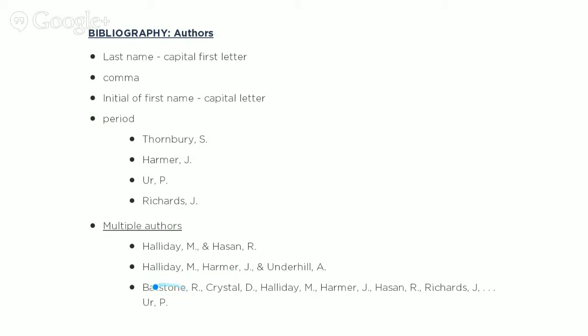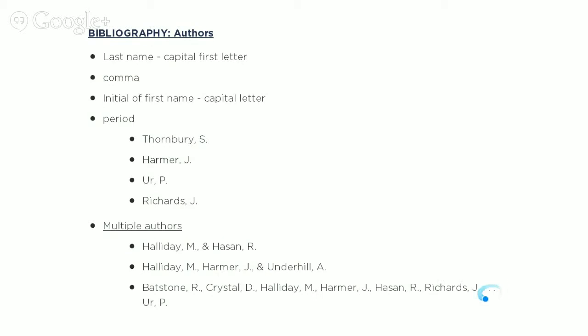So we go author number 1, comma, author number 2, comma, author number 3, comma, number 4, comma, 5, comma, 6, comma, ellipsis. You'll notice here I put 3 periods. This represents an ellipsis and basically is telling the reader that there are more authors here, but I've reached the limit based on my guidelines for listing books.